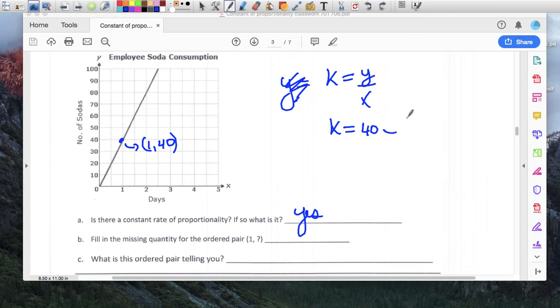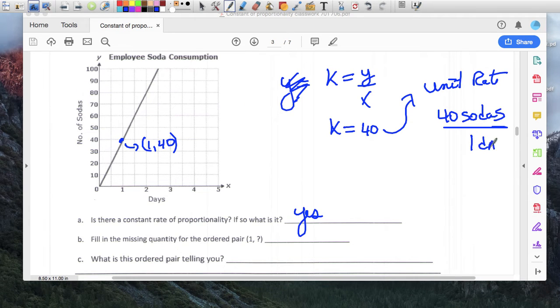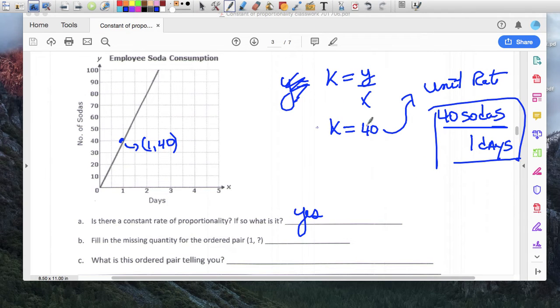If I turn this to a unit rate, it means that they drink 40 sodas in 1 day. So that's your unit rate. We didn't have to do this. You just have to look at 1 and see the corresponding value for y, which was 40, so that would have been your unit rate.